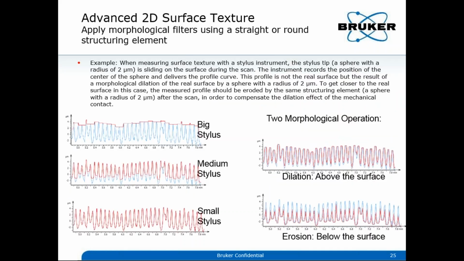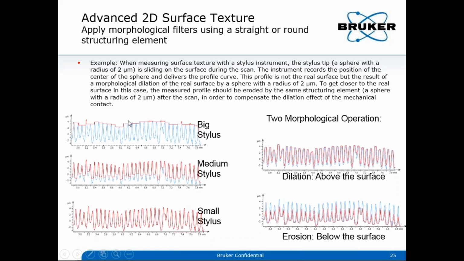For the scan line, once you extract the 2D data from a 3D image, you can actually simulate the scan line should you use a different size of stylus. For example, this is how the data looks if you scan a similar surface using a big stylus.